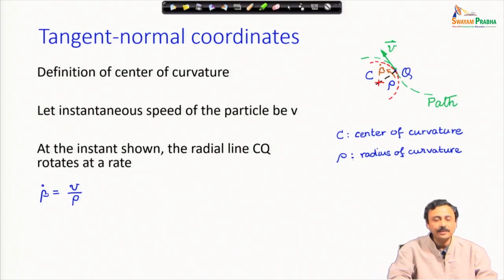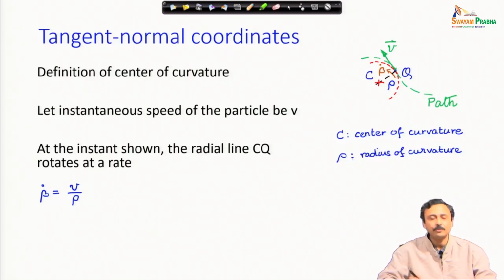I can represent the rate of rotation at that instant of time as beta dot. I have shown that beta dot on the figure, and beta dot is the speed divided by the radius of curvature. So, that is the rate of change of the angle that the line makes.